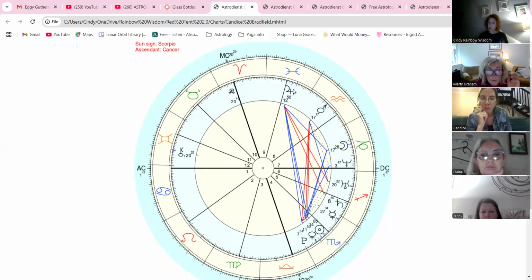So they both have a watery connection, and we've talked about how water likes water. The same elements like each other. So you have a water Mercury and a water Jupiter, and even though they're not in degree aspect, they are still in more of a trine influence if we had to give them one. Okay.